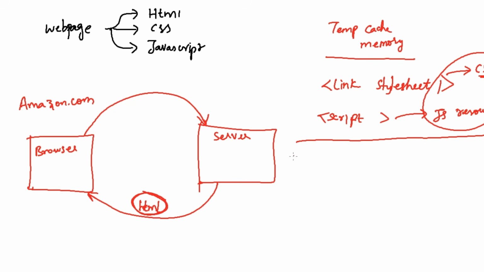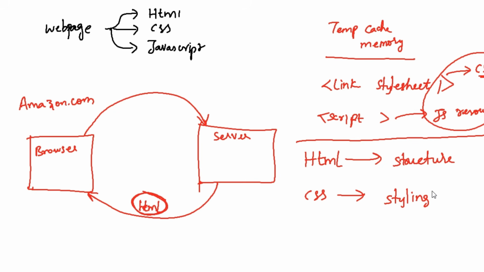Now once it has downloaded the HTML, CSS and JavaScript resources, HTML will be used for structuring the page. It will provide the structure for the web page: where the heading tag should be, where the div should be, where the paragraph should be, where the image should be. All these things will be provided by the HTML. Now CSS will be used to style the web page, like what color, what dimension, what position to use.